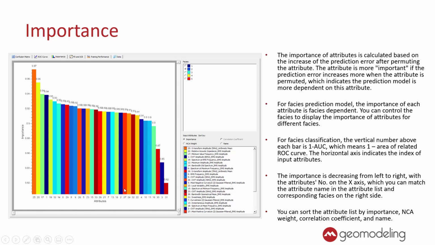The importance is decreasing from left to right, with the attribute number on the x-axis, which you can match to the attribute number in the attribute list and the corresponding facies on the right side. You can sort the attribute list by importance, NCA weight, correlation coefficient, and name.